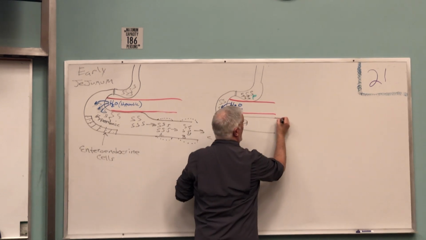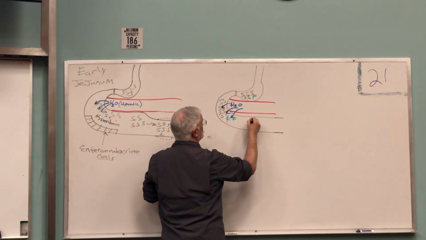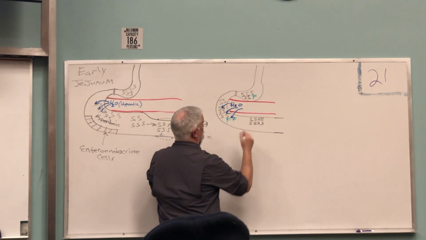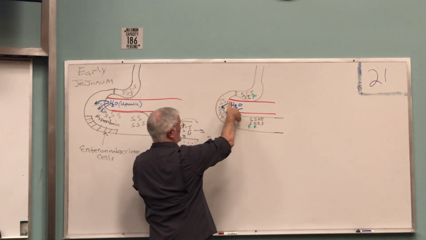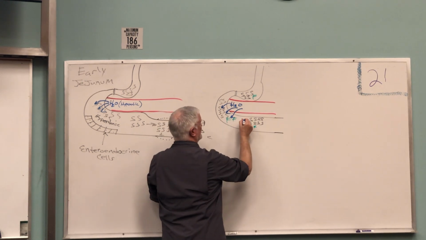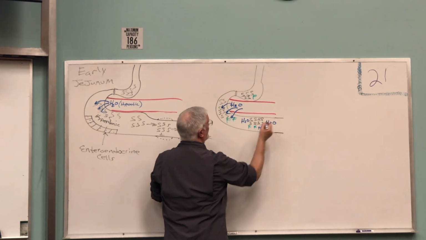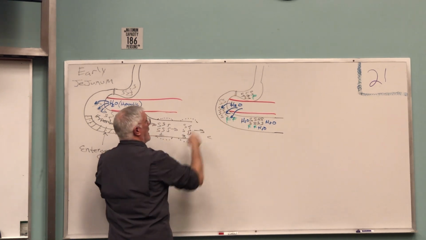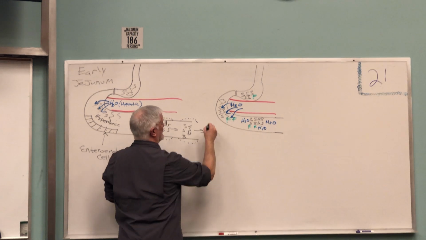As the chyme moves along, 1, 2, 3, 4, 5, 6, 7, 8. 2 green F's, 1, 2. And since I did 3 arrows, let's do 3 water molecules. We'll put an H2O in here, we'll put an H2O here, and an H2O here. Remember, this was, early on, hypertonic relative to the hypotonic blood.